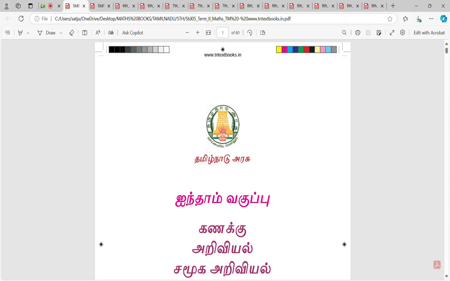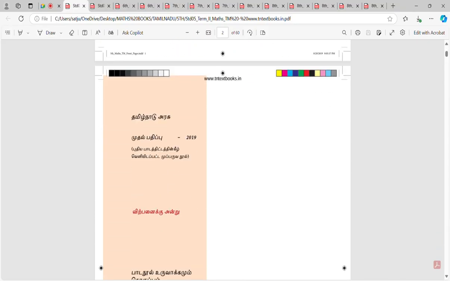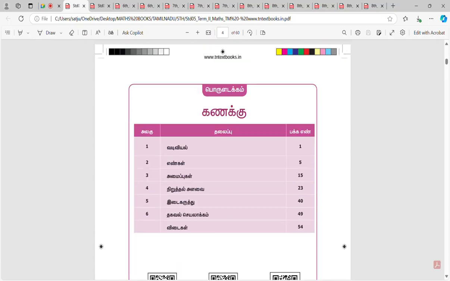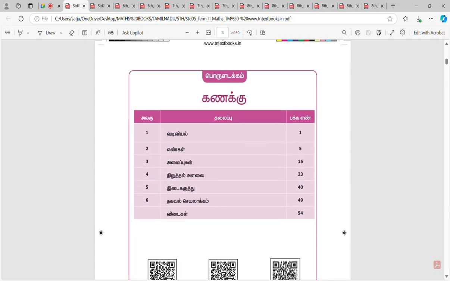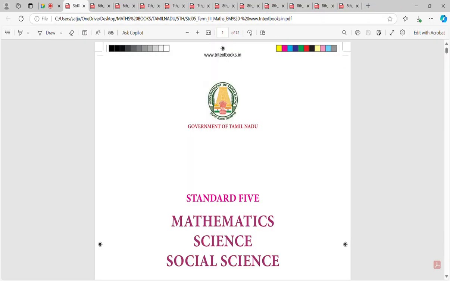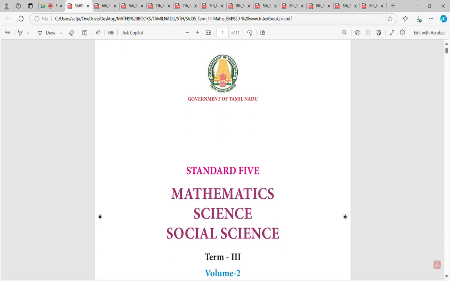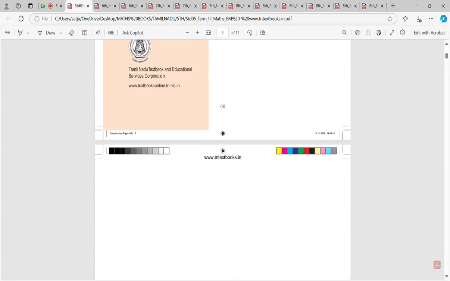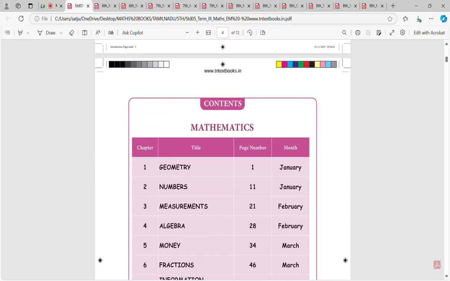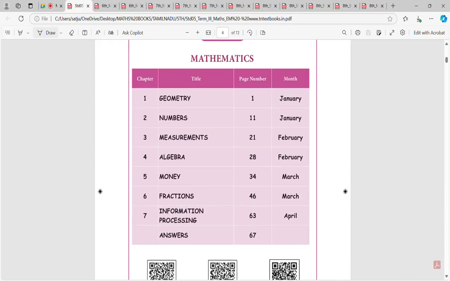So in your term 2, actually this is a Tamil. Okay, but don't worry, let me check with this one. This is not required here. Here in the term 3, what you need to do here is just check the content, same content.